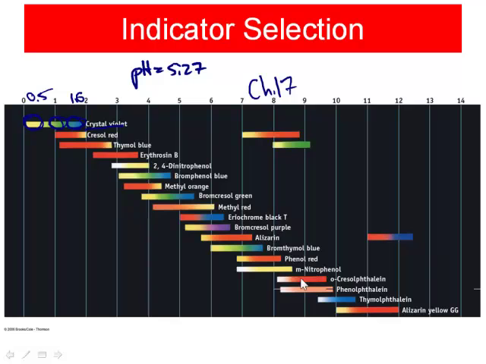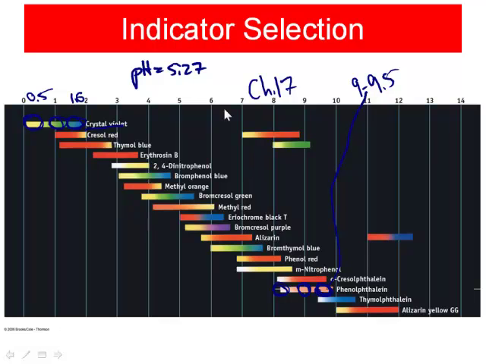If you look at phenolphthalein, the one we use most often, at a pH of about 8.5 and below it's colorless, and at a pH of about 9.5 it gets really pink. So this is a good indicator if the pH at equivalence is about 9 to 9.5. You can see here it gets kind of pinkish. But that's not a good indicator for this titration.